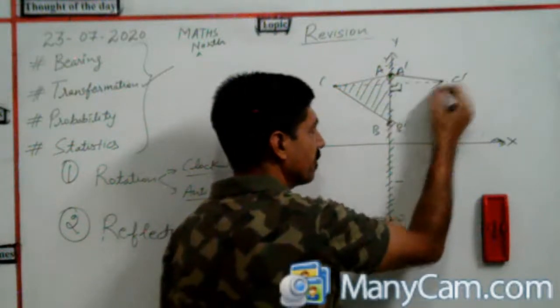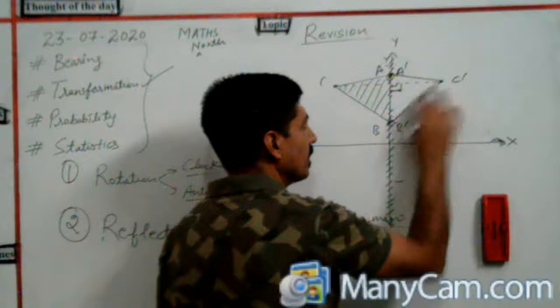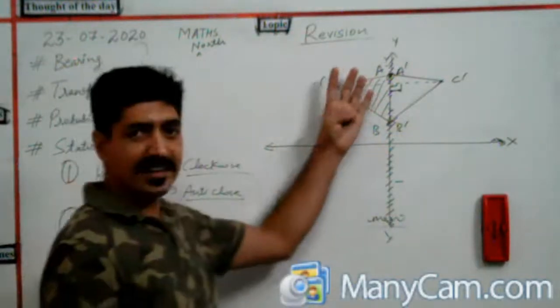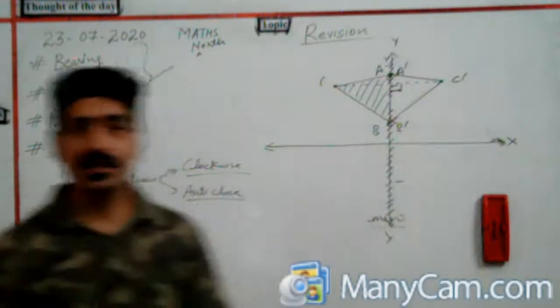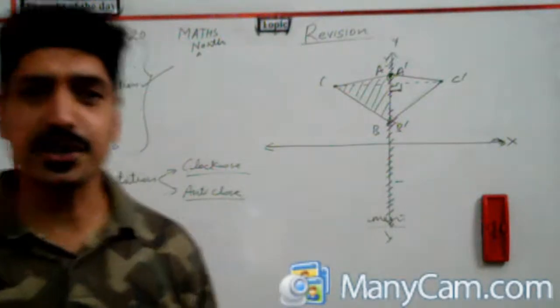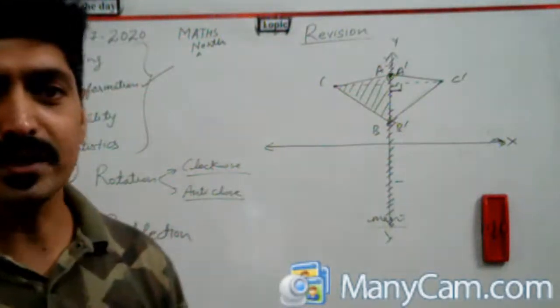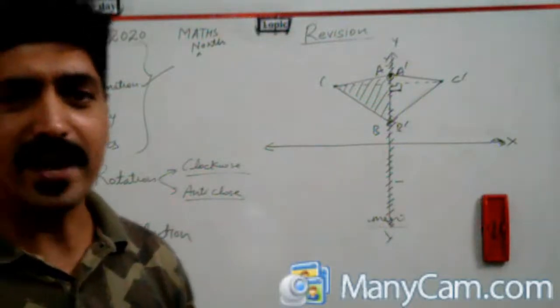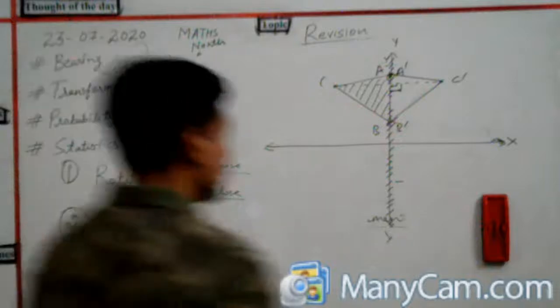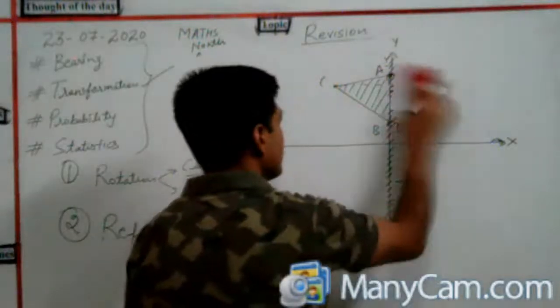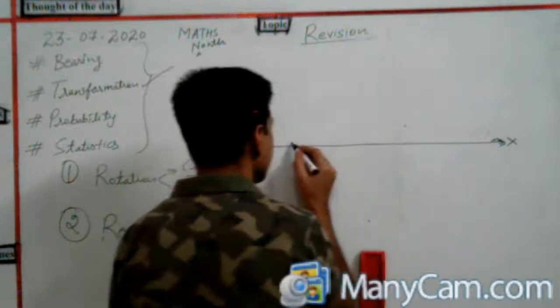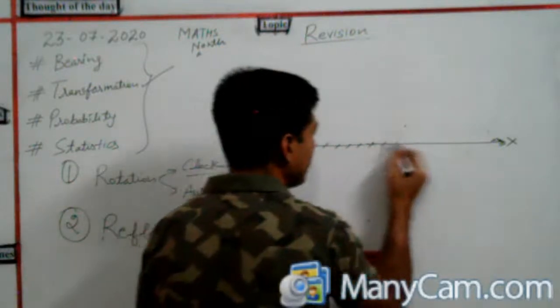Here we have the figure. This is a triangle ABC and this is its reflection, right? When this object is lying on the y-axis. If the x-axis is the mirror, not the y, x behaves like a mirror.